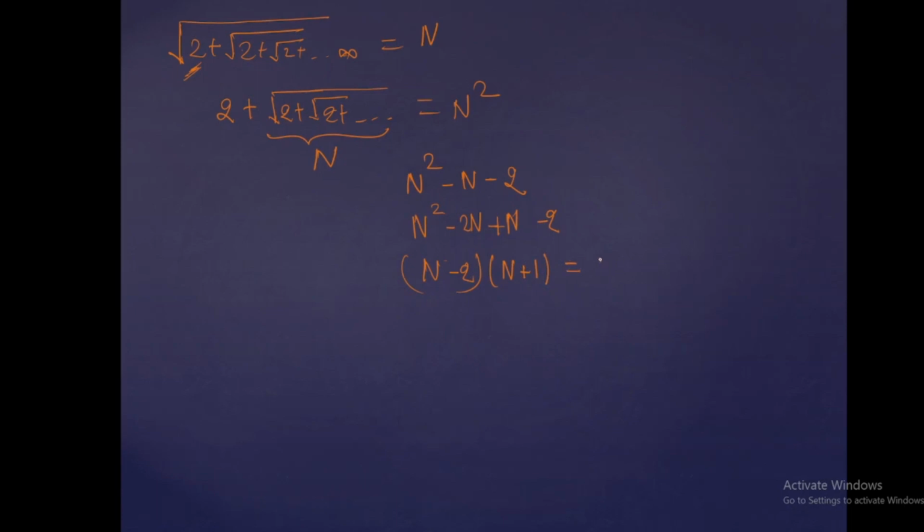Okay. And this is equal to 0, right? Because this is equal to 0. So from over here we get n equal to 2 and n equal to minus 1. Minus 1 cannot be the value of n, since the value of a square root that we will be getting will be a positive number, right? So minus 1 can be ignored. So value of n will be how much? 2.